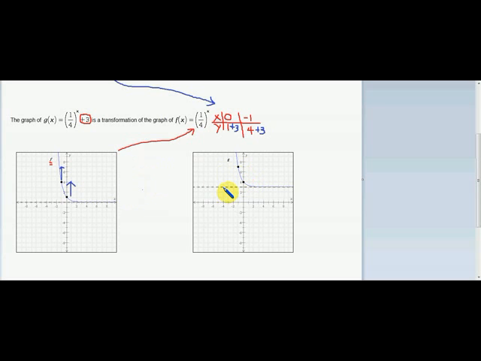Therefore, your asymptote must also follow. The asymptote originally it's here. Let me choose red. Okay. Originally it's here, right? Originally the asymptote is on the x-axis, right? Y is equal to 0. Now it's also been moved up by 3 units.